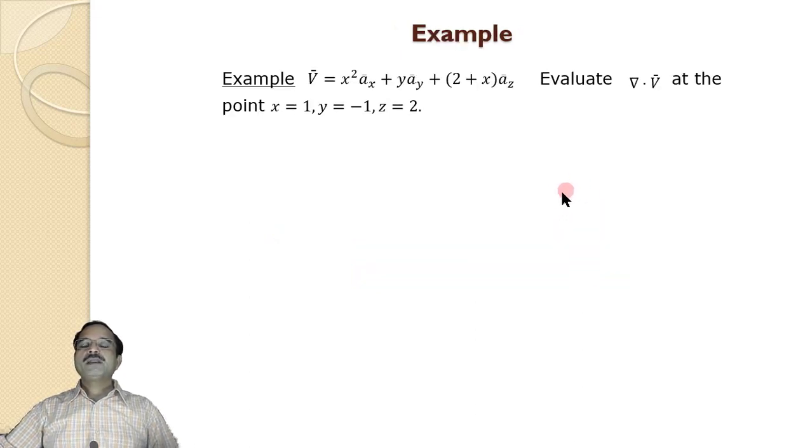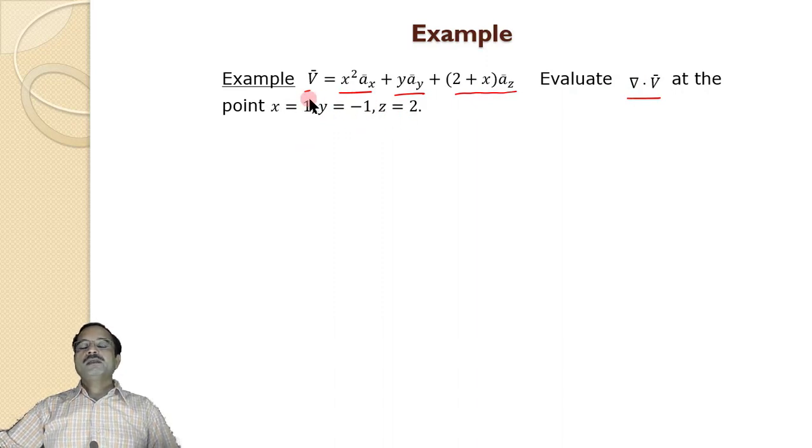Now let us solve one example. Here V is a vector field given in Cartesian coordinates, having x component x squared ax, y component y ay, and z component 2 plus x az. Let us evaluate divergence at the point x equal to 1, y equal to -1, and z equal to 2.